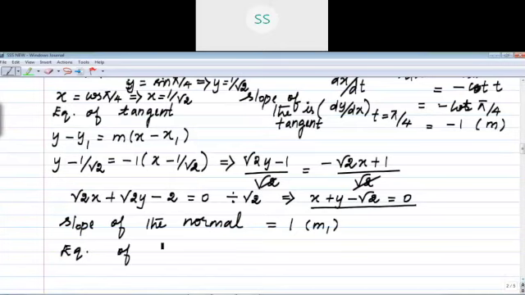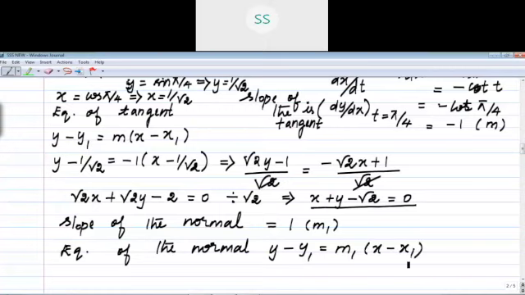Equation of the normal, right? y minus y1 equal to m1 into x minus x1. Now, y minus 1 by root 2 equal to 1 into x minus 1 by root 2.